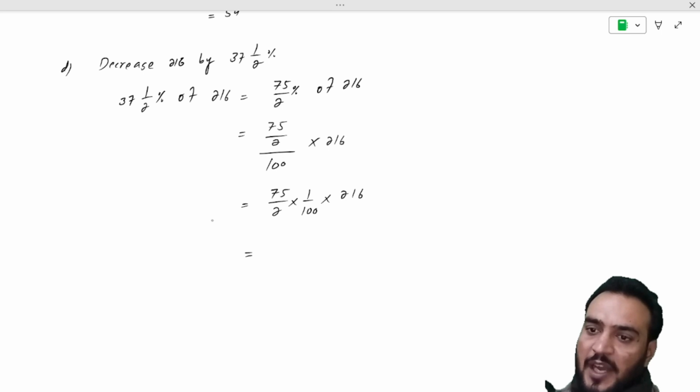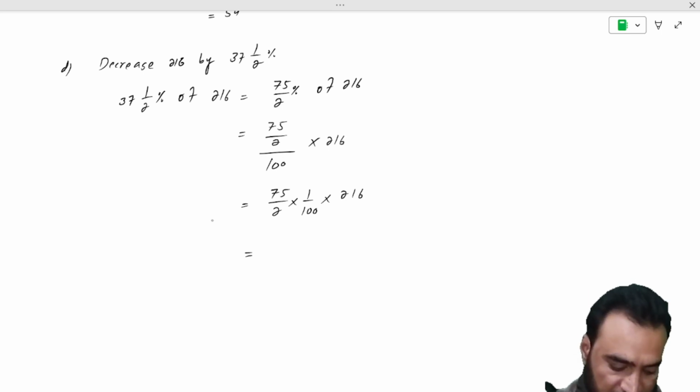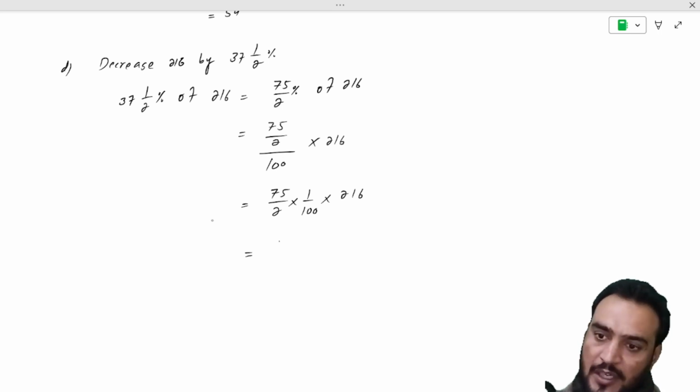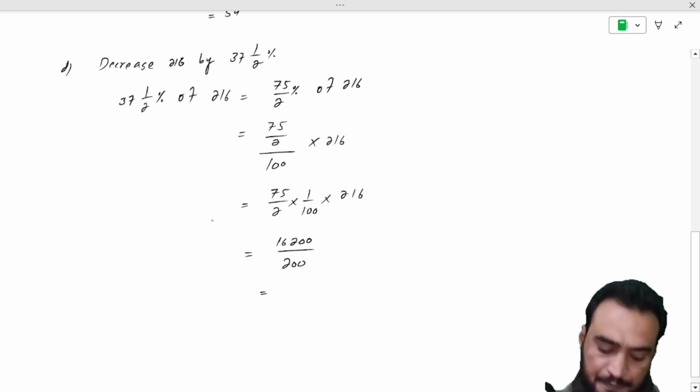Now we multiply 216 by 75. Then we get 16,200. 16,200 divided by 100 times 2 is 200. If we simplify it, we get 81.